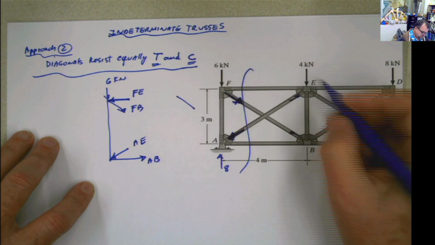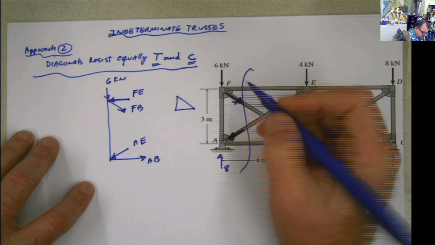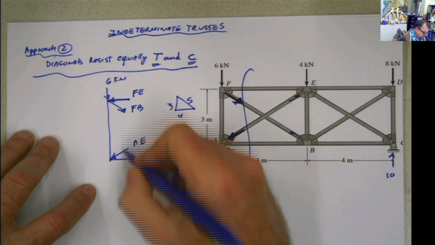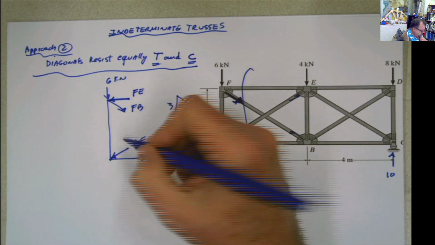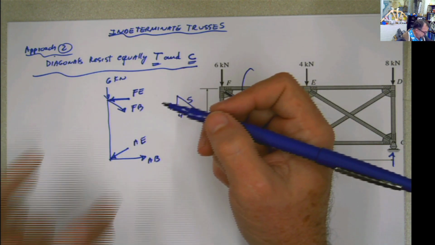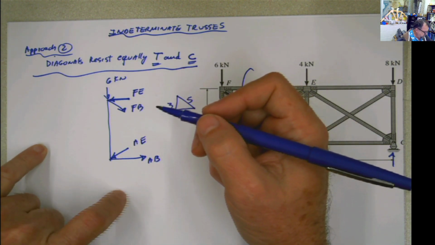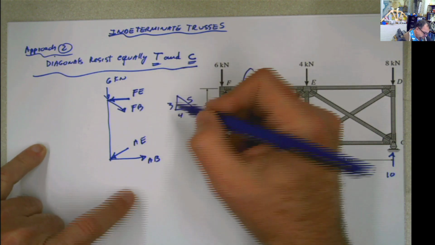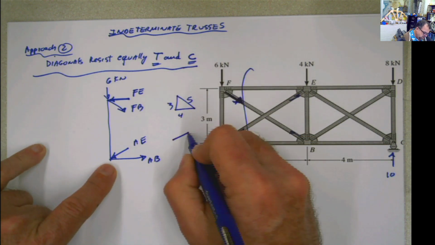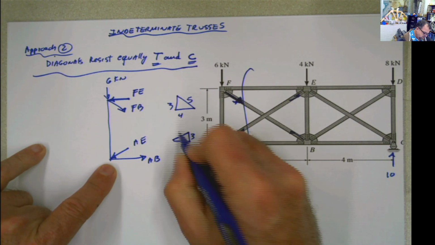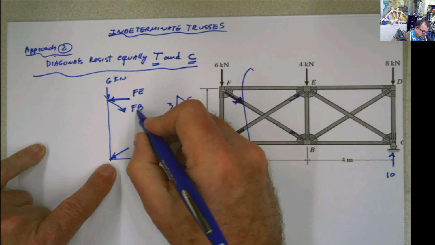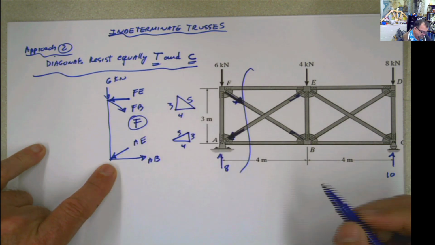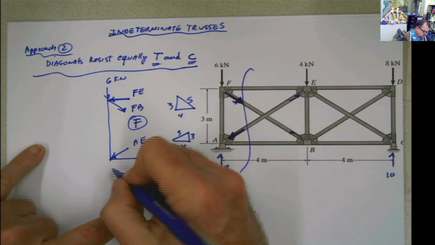If these two are the same, as I am claiming, I made them strong enough to be the same, then instead of calling this FB or AE, I'm going to call them just F. In this case the triangle is a little bit different, but it's the same 3, 4, 5. And this is 8.